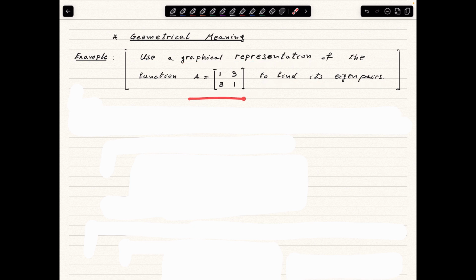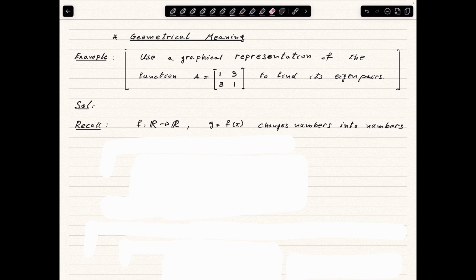So now we have this matrix, the matrix 1, 3, 3, 1. And we want to use a graphical representation of the matrix as a function. So let's recall a little bit how we did the graphical representations of scalar functions, functions from numbers to numbers.